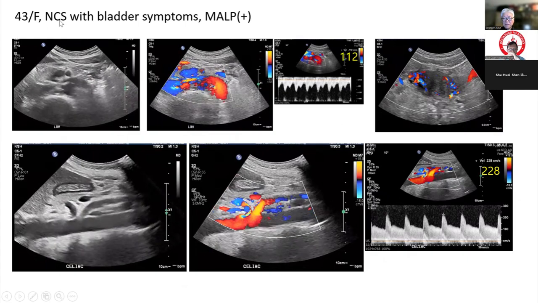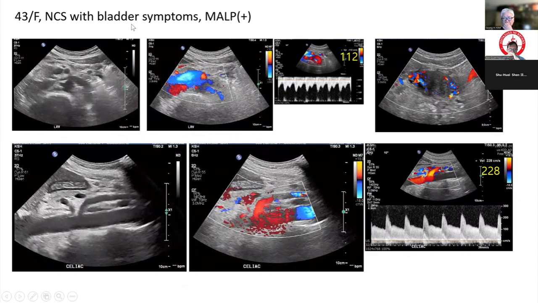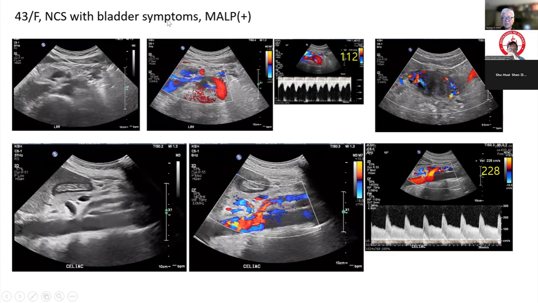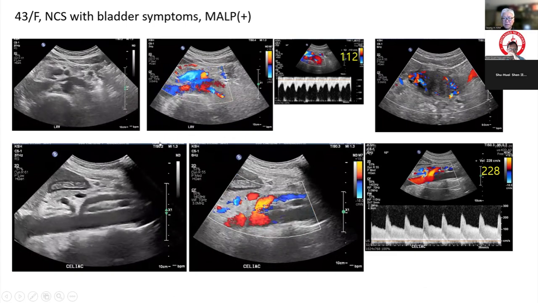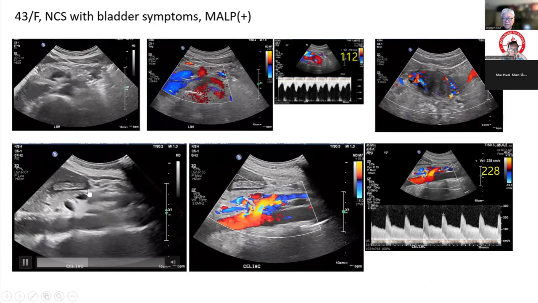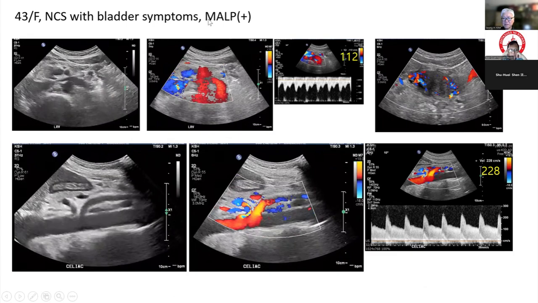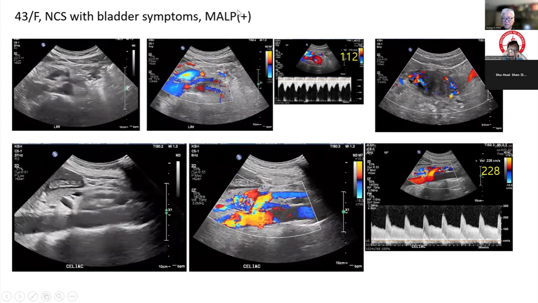Young woman had bladder symptoms and did not have any stomach symptoms, but had the compression phenomenon here, so we can call this median arcuate ligament phenomenon.